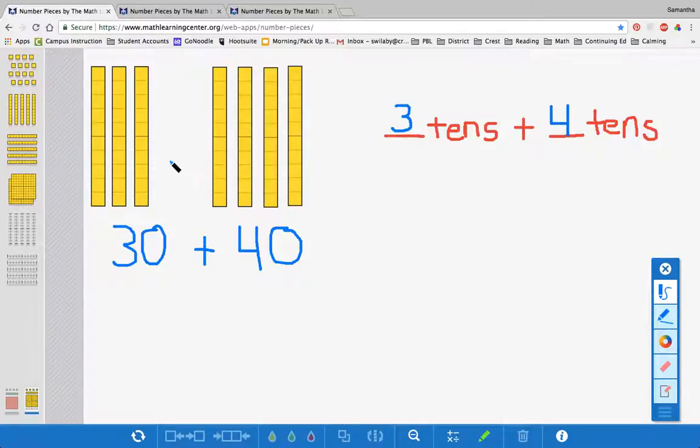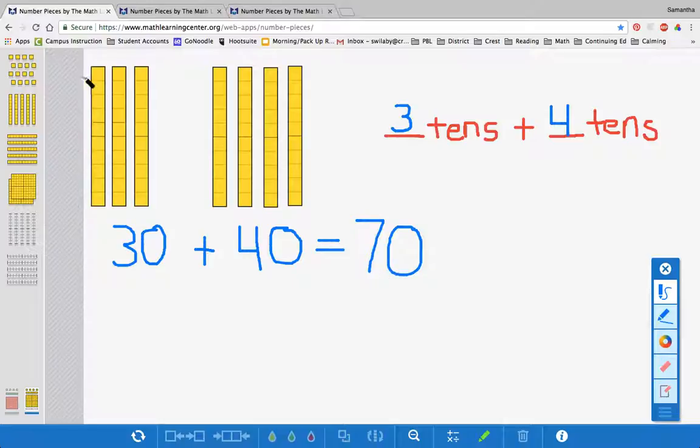Well, if I know that 3 plus 4 equals 7 tens, then I know that 30 plus 40 is going to equal 70, because 7 tens is the same as 70. So it's an easy way to think of that.